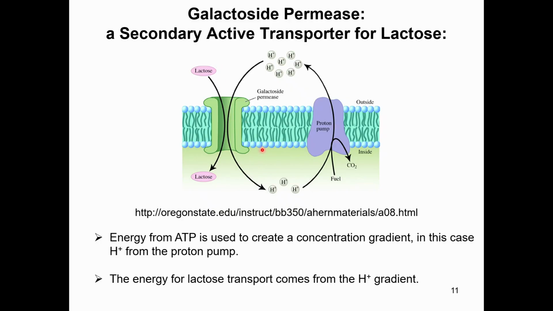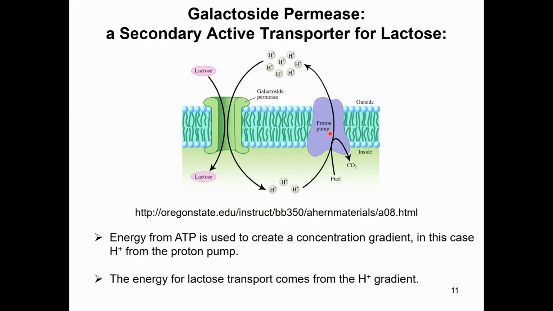But in order for this transporter to work, it needs some driving force, and it turns out that the driving force is a gradient in hydrogen ion concentrations. So when hydrogen ion concentrations are high outside the cell relative to the inside, that facilitates the lactose import into the cell. Well, how do you generate a hydrogen ion differential?